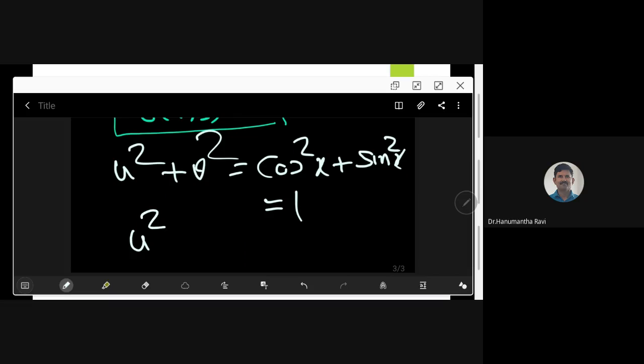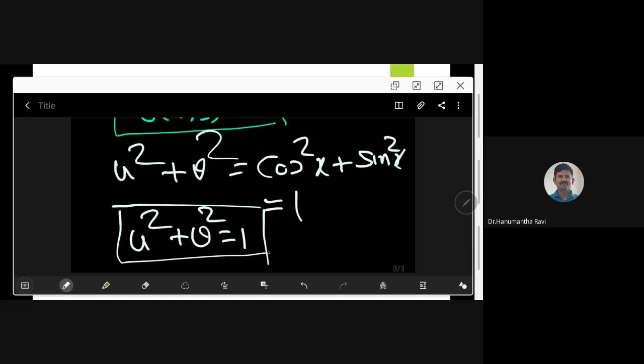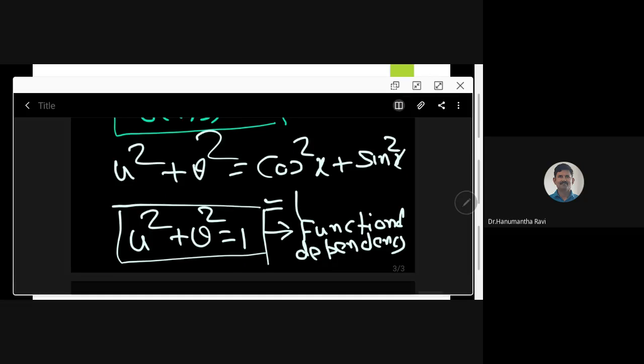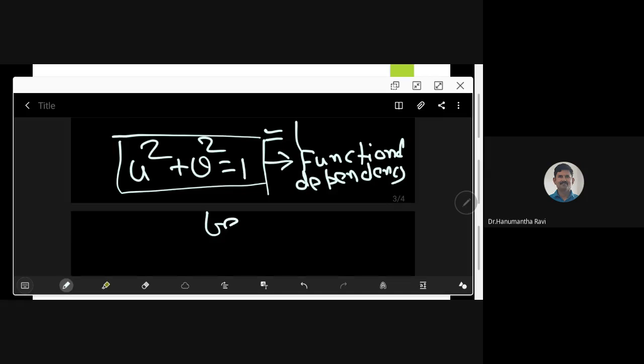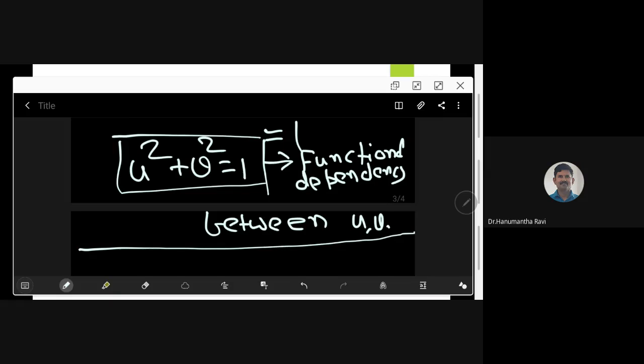So we are able to see a clear relationship involving u and v. This is what we mean by functional dependency between u and v.